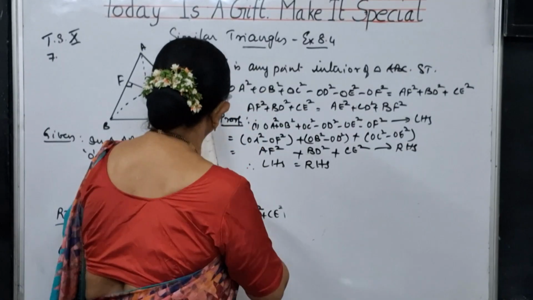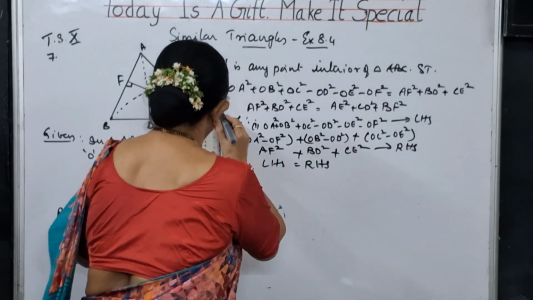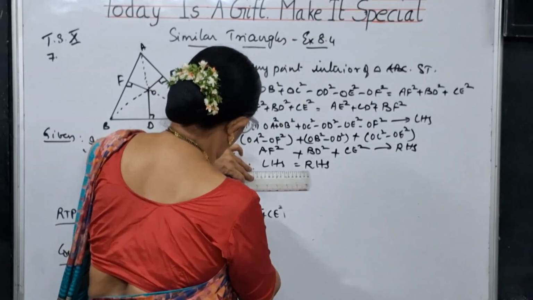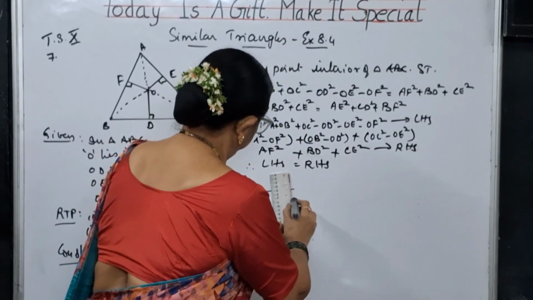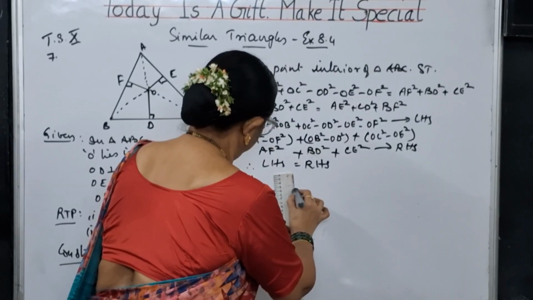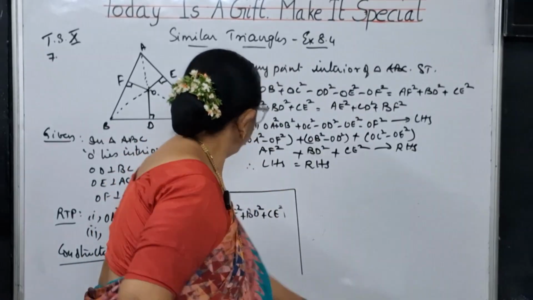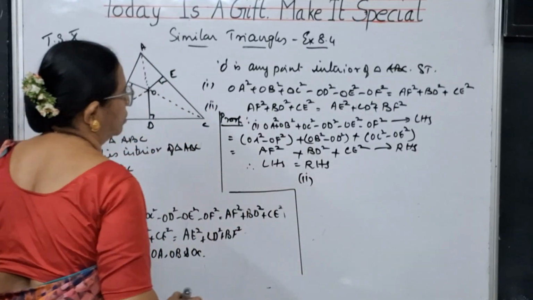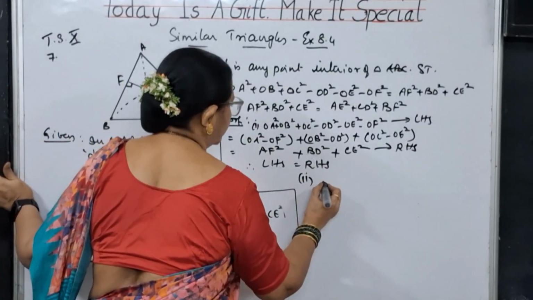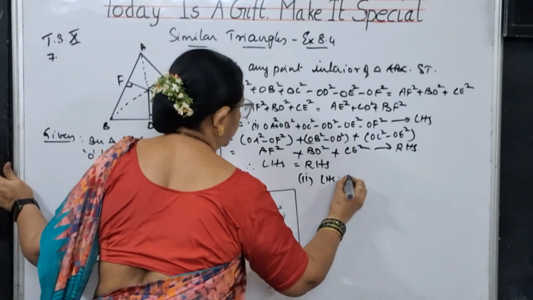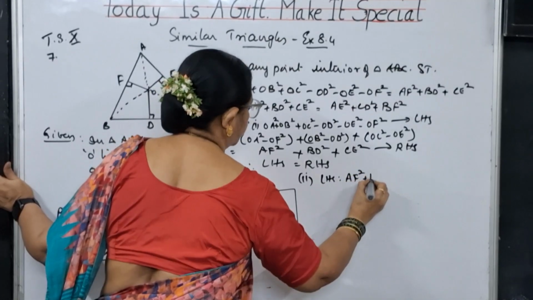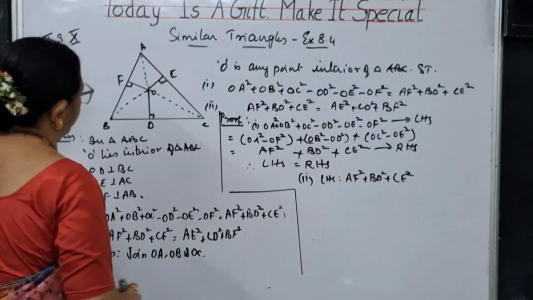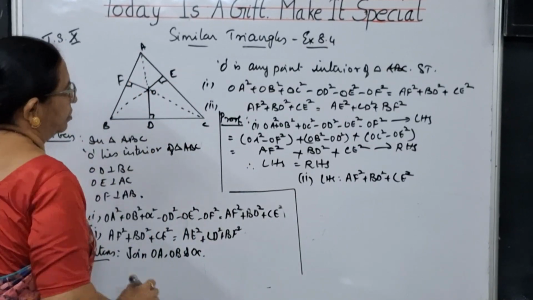Now let us see the proof of the second bit. Now second bit. What is the second bit LHS? LHS is AF square plus BD square plus CE square. What is AF square?